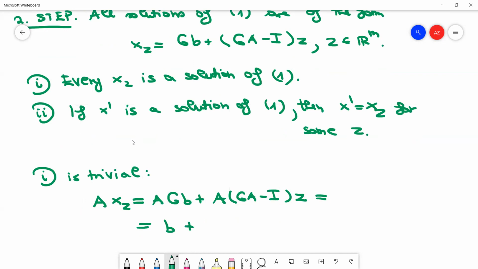But here, for the second vector, we get AGA minus A times Z. But we know that since G is a generalized inverse of A, this is A minus A, so it's 0. So this is then B plus 0, which is B. So I really follows from the short computation.